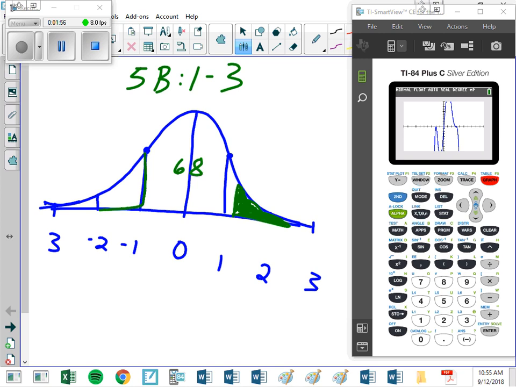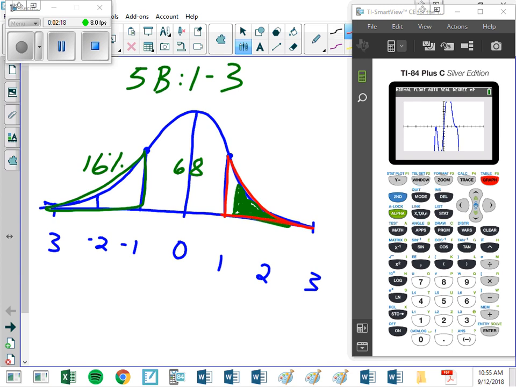So this piece here is 16%, which means that the equivalent piece on the other side is 16%. So the answer for this problem should be less than 16. Does everybody see that? I know that this piece is 16%, so we should be slightly less than that.